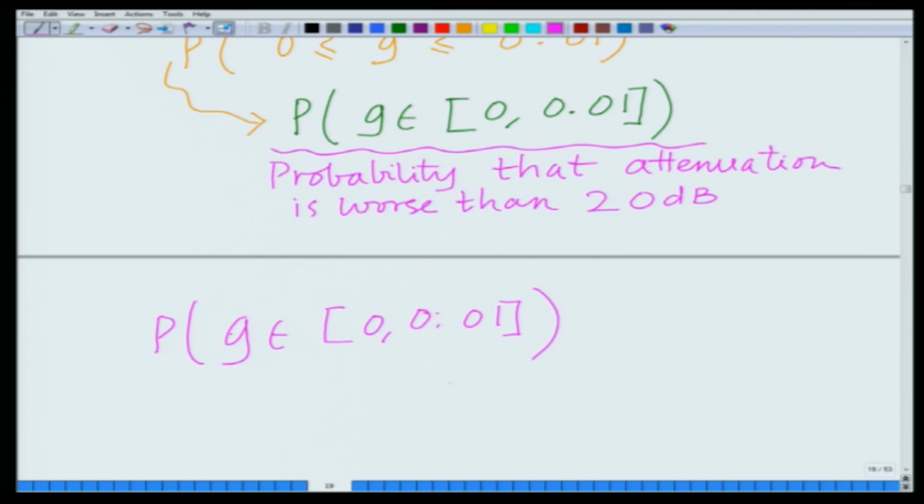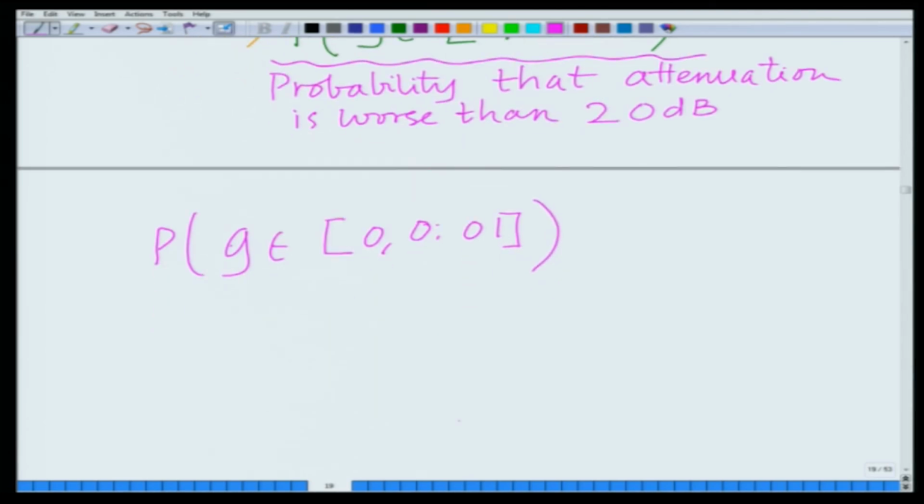Remember, the probability that any random variable belongs to a particular interval a to b is the integral from a to b of the probability density function, which is f of g dg.